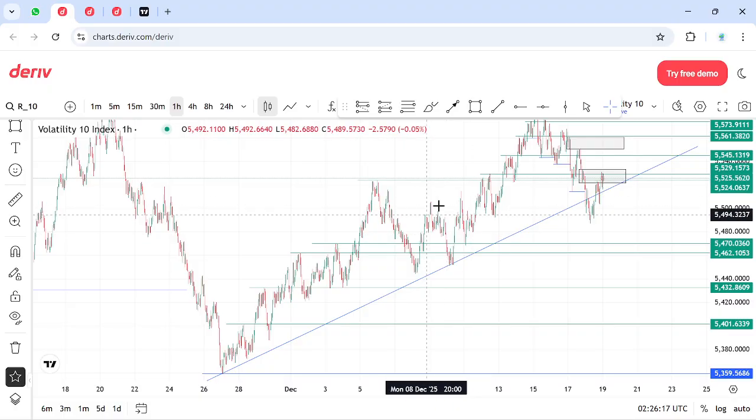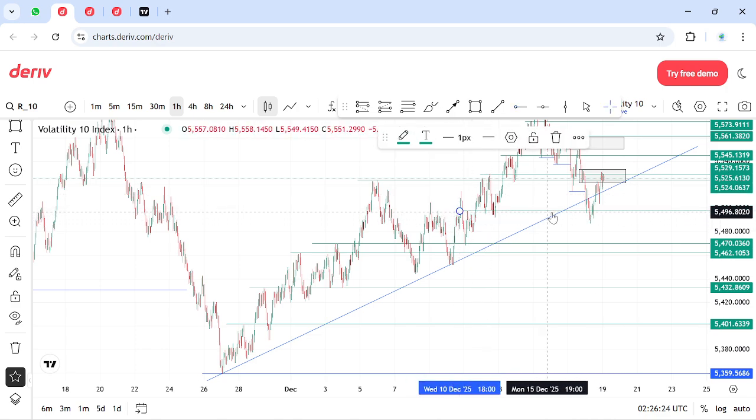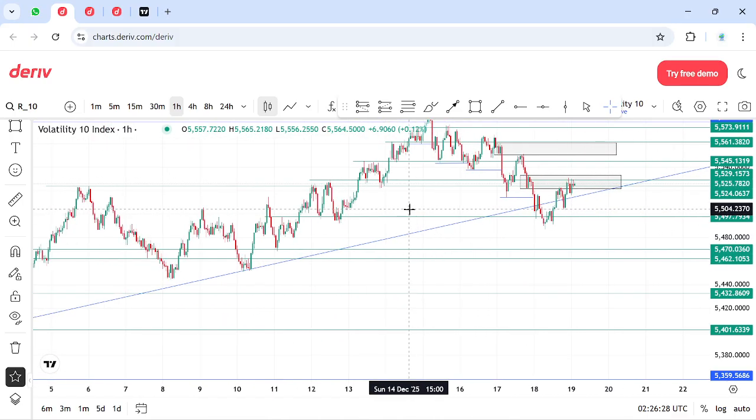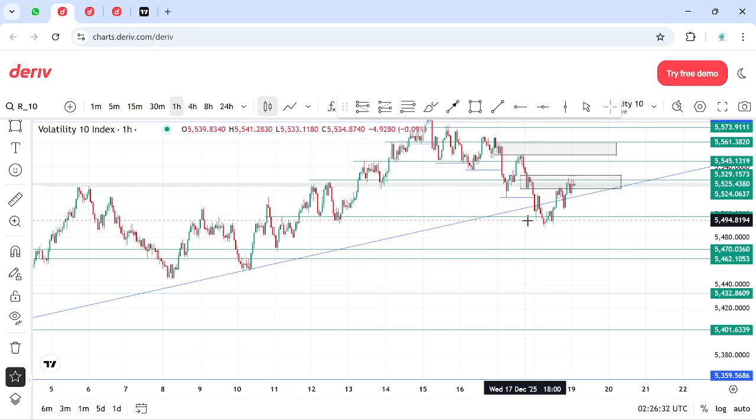I know we have zones here which might want to be used. Like we can see price is currently reacting off of this point here. You can mark them out. For this one, if you were to use this, maybe some persons would have used this zone to catch the buy. But I won't be using that. I'll leave this out of it.